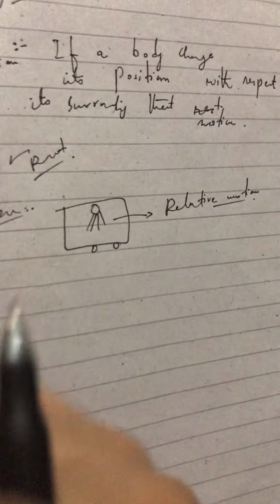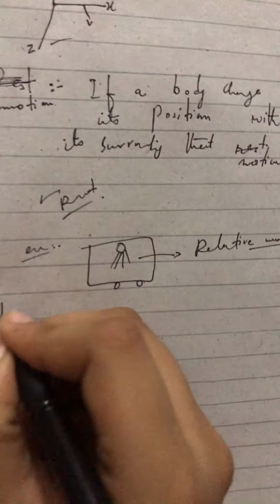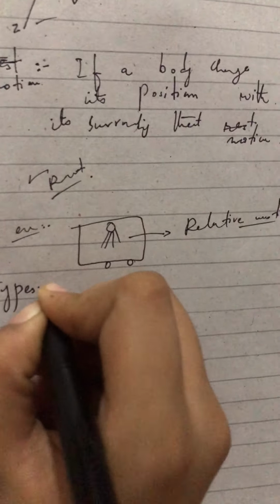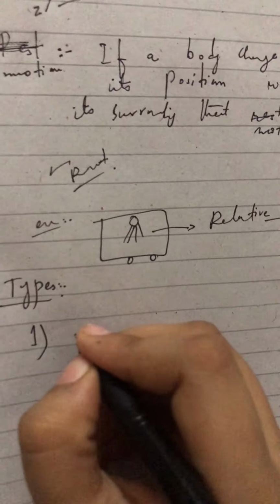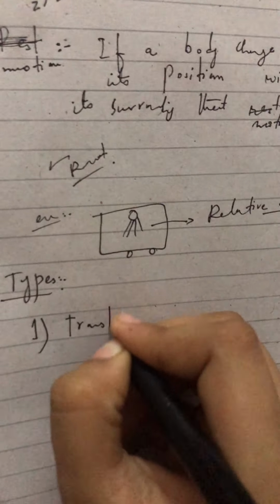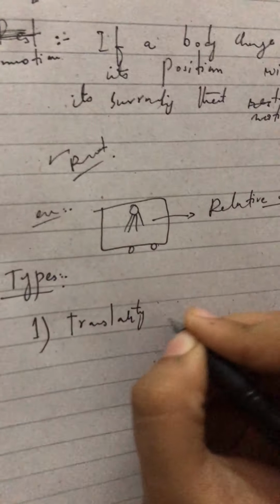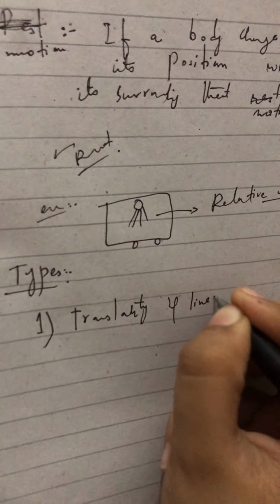After that, we are having types of motion. There are three types of motion. Number one is translatory and linear. What is translatory and linear?